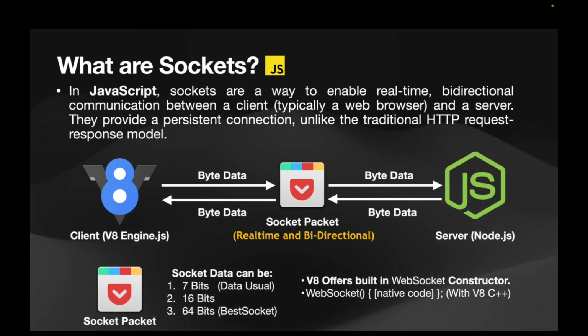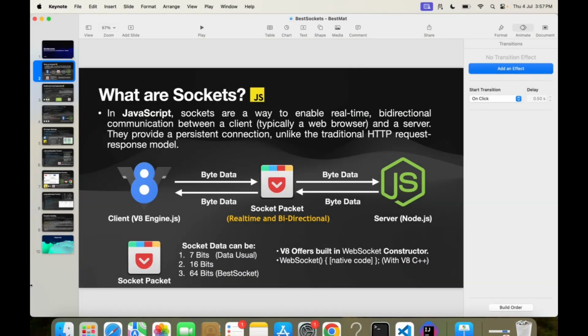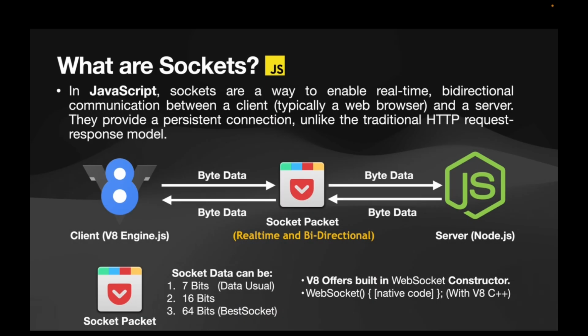Now, how is the socket packet divided? It can be 7 bits, 16 bits, or 64 bits. 7 bits is called the usual data packet. It is used for very small communication systems.